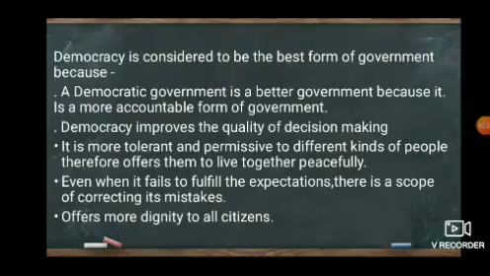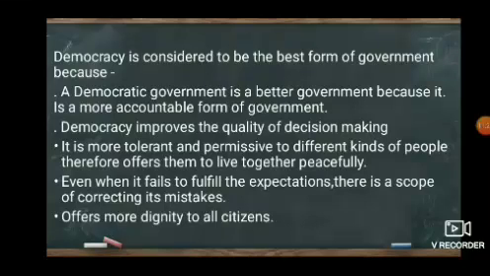But if it would happen in our country, our government might take responsibility and provide food and medicine to the people. So that's why people like to live in a democratic country, and that's why a democratic government is a better government, because it is more accountable, meaning it is a more responsible form of government.